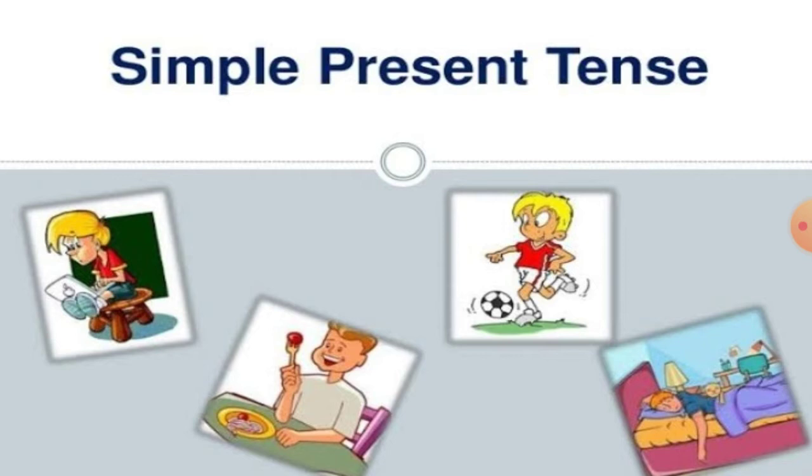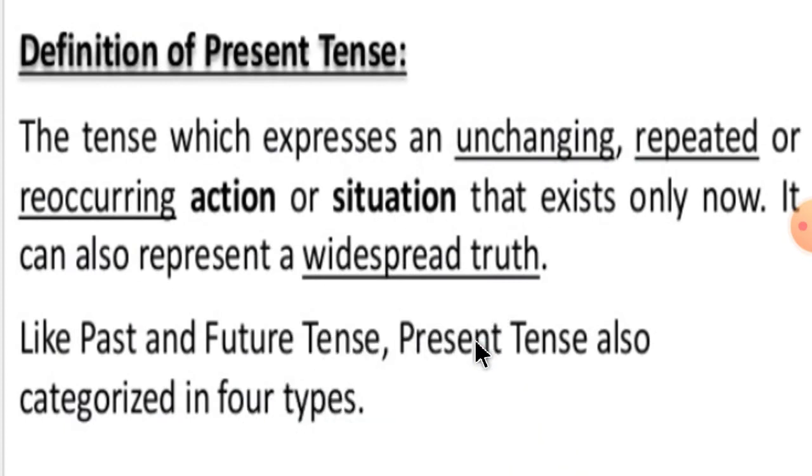In the previous video, we studied simple present tense. So, what is simple present tense? It is the tense which expresses an unchanging, repeated, or reoccurring action or situation that exists only now. Exist means present, which is present now. It can also represent a widespread truth.